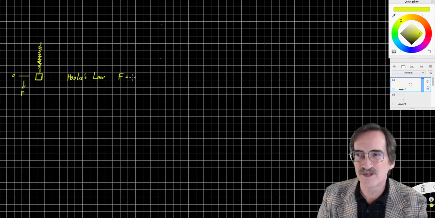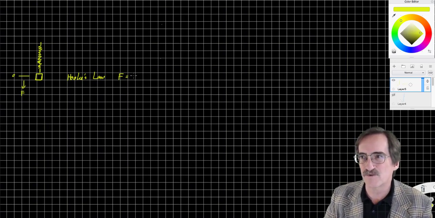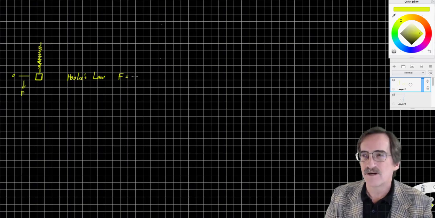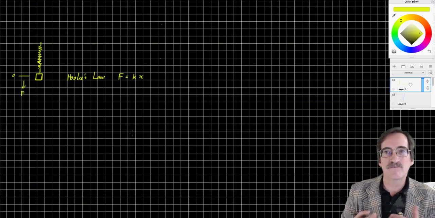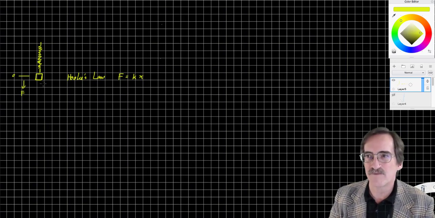I prefer not to use d because we already used d in the general integral, and I'd rather do dx than dd. All right. So I'm going to use x. So proportional to the displacement. So kx, where x is the displacement from the neutral position of the spring.